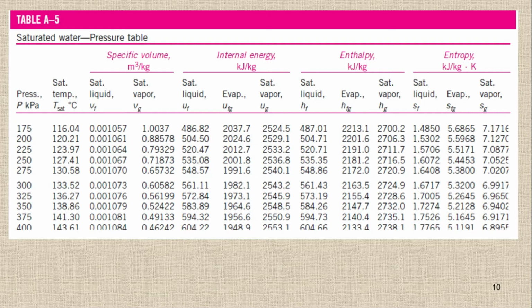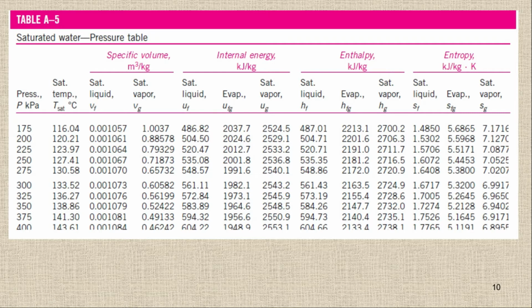A4 is basically the saturated table for water, based on the temperature value. This is A5, which is the saturated water pressure table, and we have another, A6, which is for the superheated region.